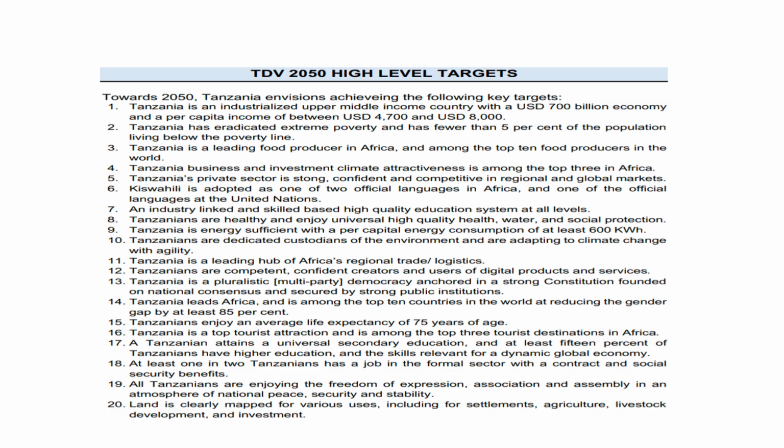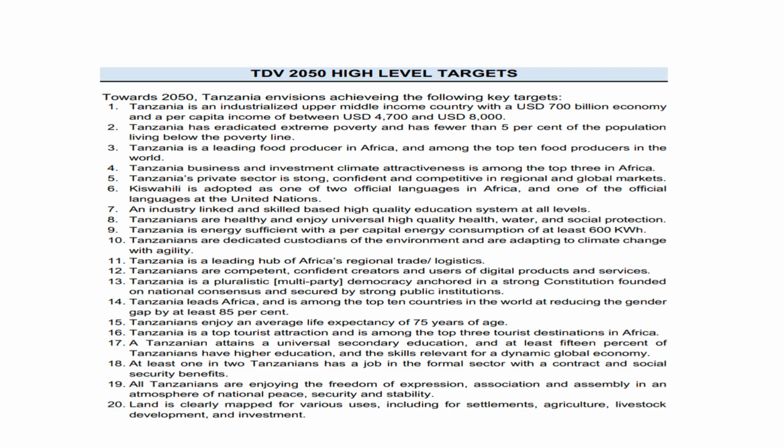So by 2050, this is what we want to see. The third is Tanzania is a leading food producer in Africa and among the top 10 food producers in the world. The fourth is Tanzania's business and investment climate attractiveness is among the top 3 in Africa.